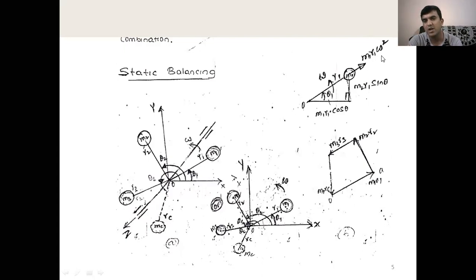If you include the omega value, the calculation becomes complicated, but finally we get the same answer whether you consider omega or neglect it. Similarly, cos theta is adjacent by hypotenuse, so the adjacent side is hypotenuse into cos theta. This is what static balancing is.